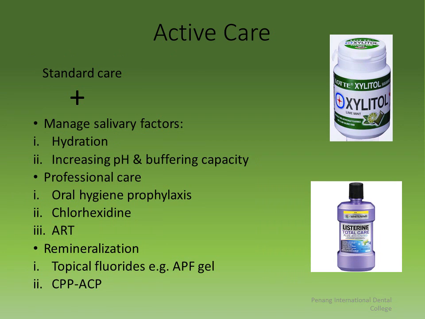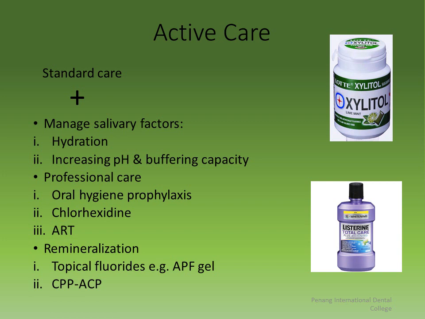Your active care is nothing but the standard care plus the additional factors which I had just mentioned in the previous slides. You have to check out the salivary status of the patient. You have to check the pH, and then of course you have to provide your professional care.